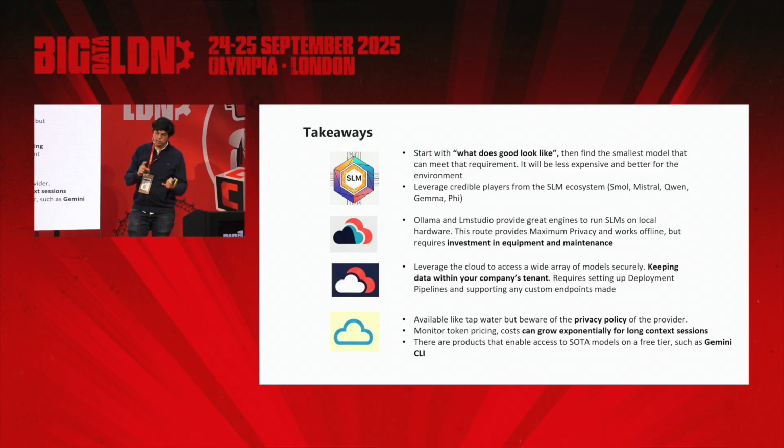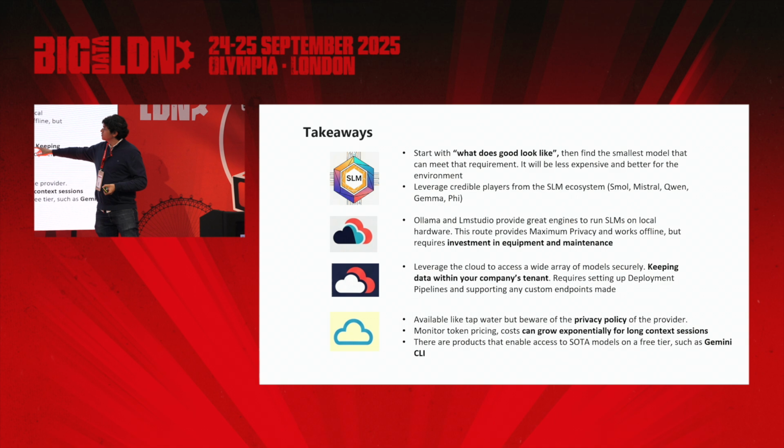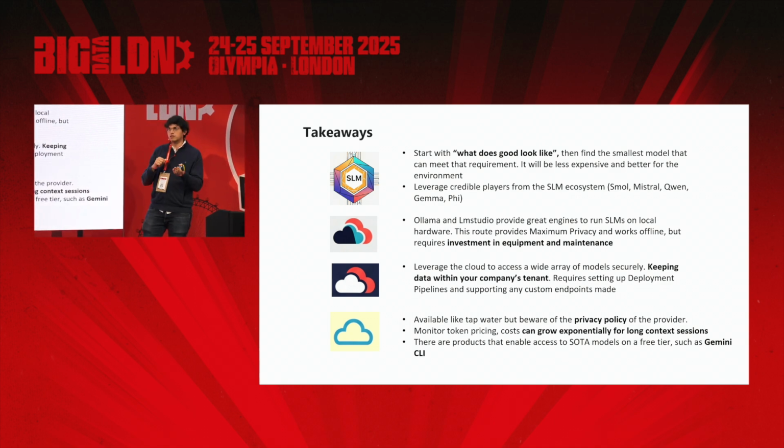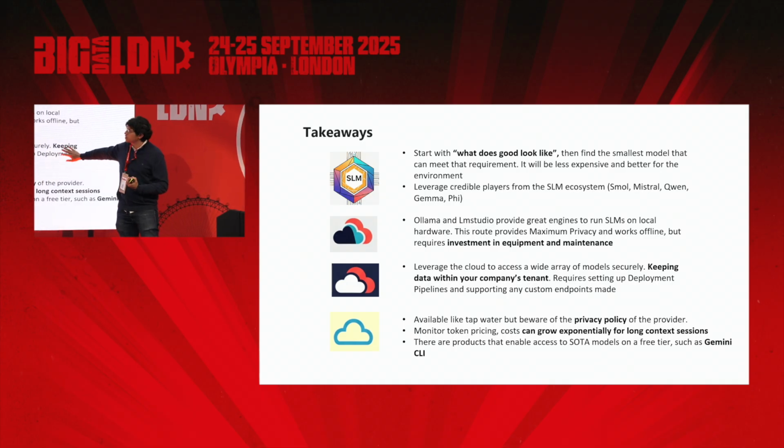This route provides offline performance, edge cases, and maximum privacy, but of course you need investment in the hardware and maintenance. Cloud is a bit more technical to get the endpoints running, but the native cloud offerings to achieve this are getting better and better. And finally, API access is available like water, but just be careful.